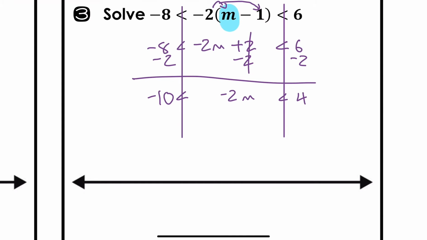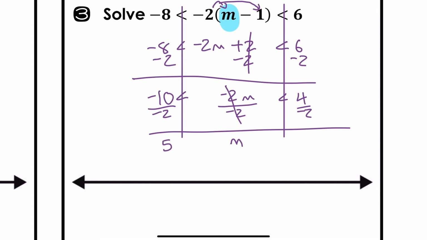Okay, so now I still want m by itself, so I'm going to divide by negative 2 on every side so that we can do that. These are going to disappear. So we're left with m. Negative 10 divided by negative 2 is going to be positive 5. 4 divided by negative 2 is going to be negative 2.